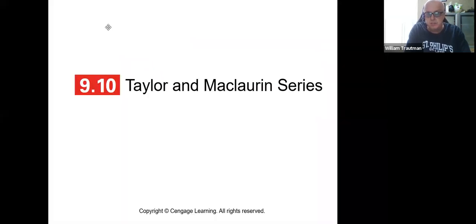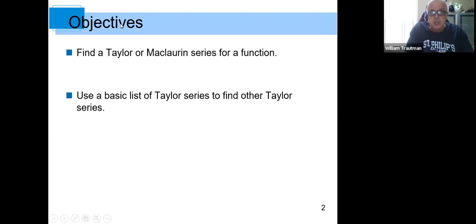Okay. So once again, this is just a continuation from a previous section where we learned Taylor and Maclaurin polynomials, and it's the exact same formula. Now we just call it Taylor and Maclaurin series. And this is what we plan on doing today.